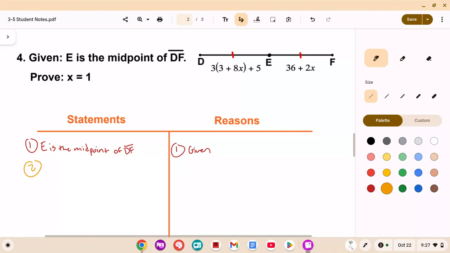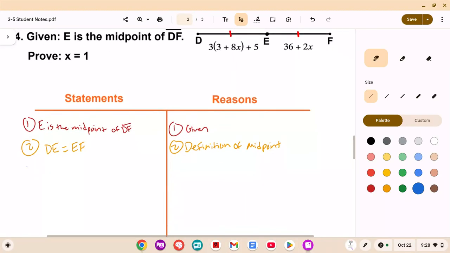So what I'm going to say is if you have the midpoint, that means that each side is congruent. So we're going to say DE is equal to EF. And the reason here is going to be definition of midpoint.